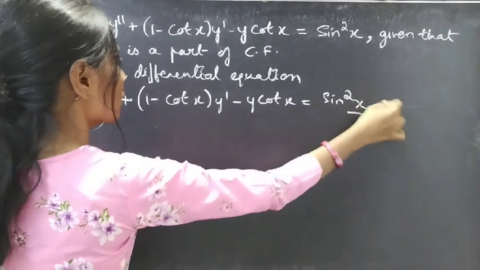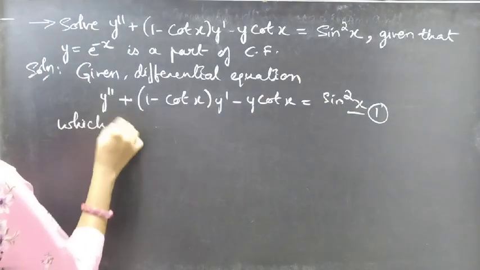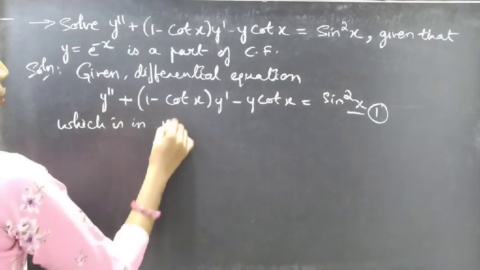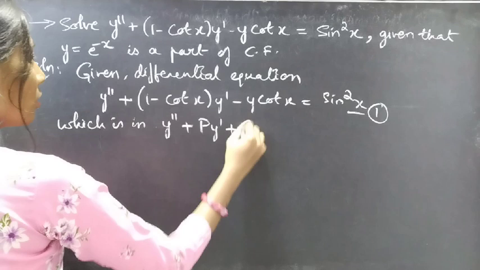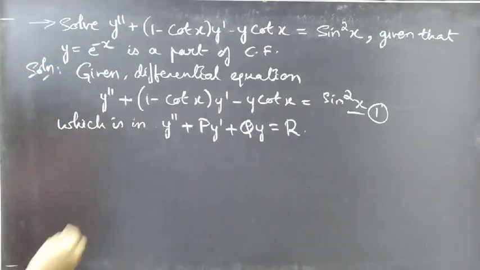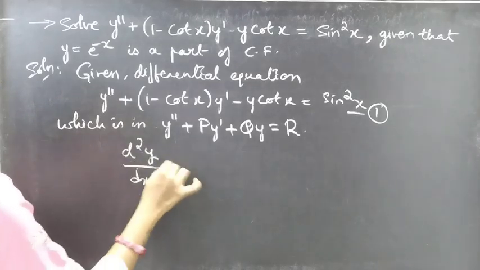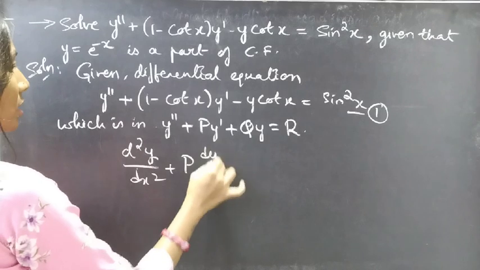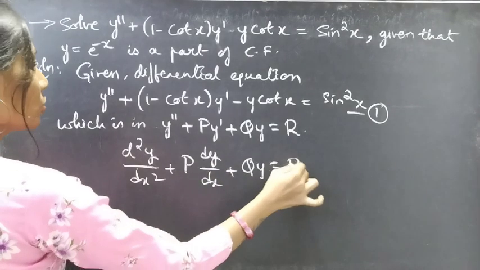Consider as equation number 1, which is in standard form: y double dash plus p y dash plus q into y equal to r, or d square y by dx square plus p into dy by dx plus q into y equal to r.